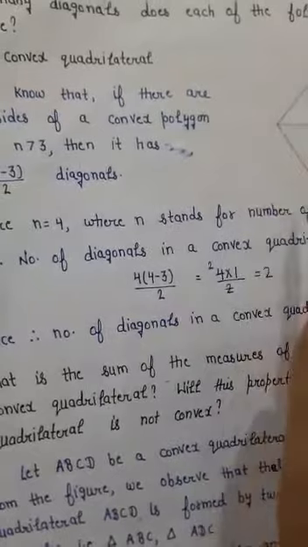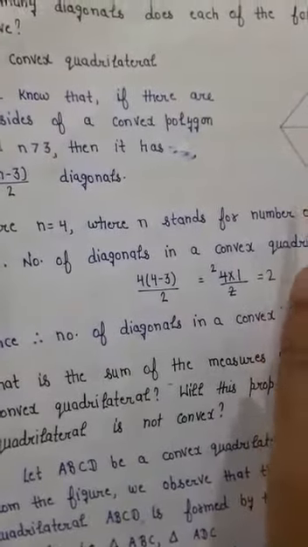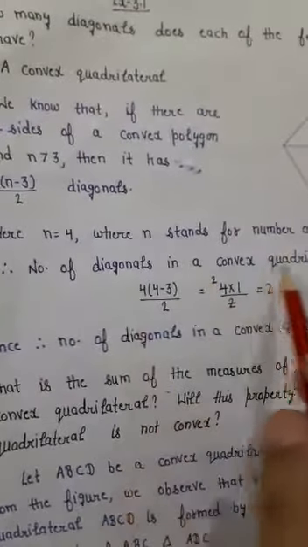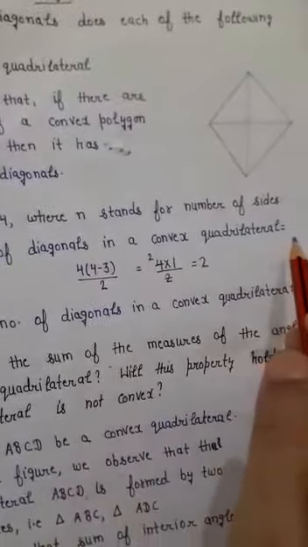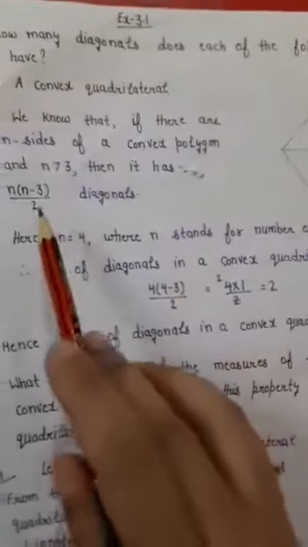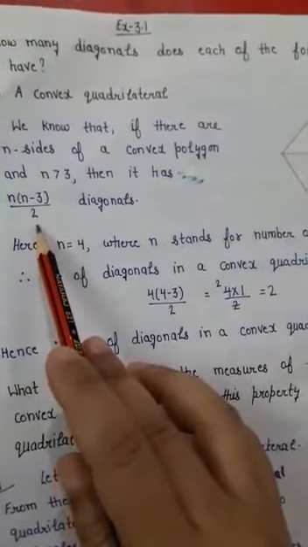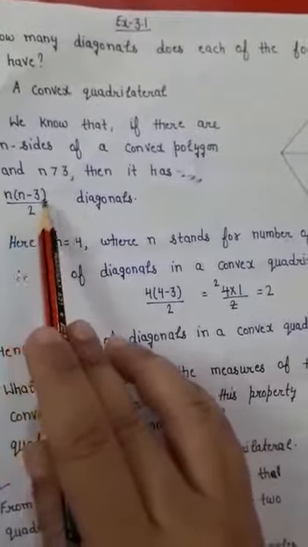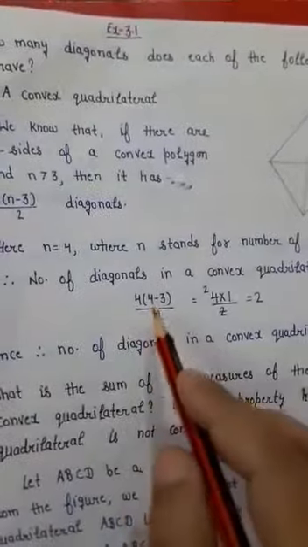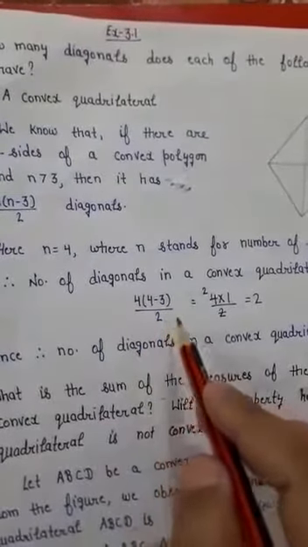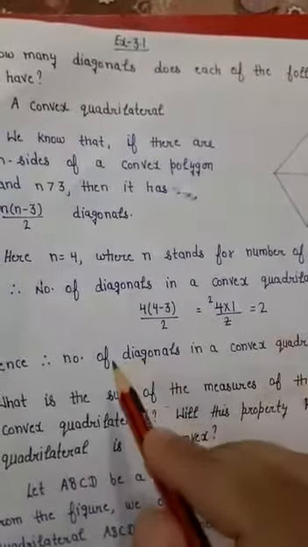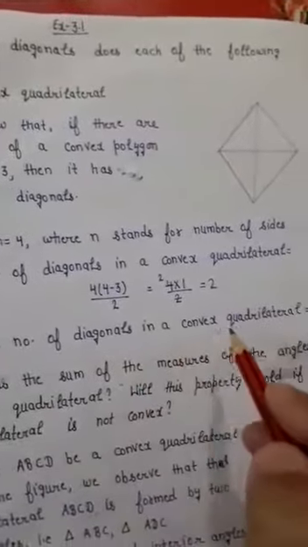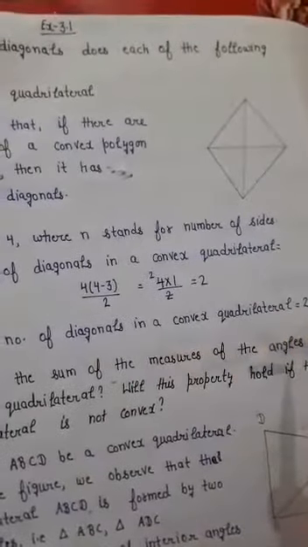Since in a quadrilateral we know that there are 4 sides, the number of diagonals in a convex quadrilateral will be n into (n minus 3) upon 2. Put the value of n equals 4: 4 into (4 minus 3) upon 2, 4 multiplied by 1 upon 2. 2 2s are 4. Hence, therefore, the number of diagonals in a convex quadrilateral is 2.